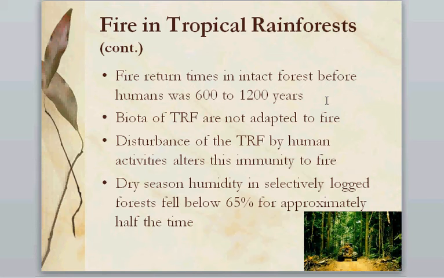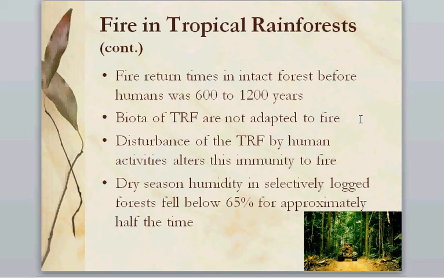So fire return times, or the time between fires in an intact rainforest before humans arrived, were between 600 and 1200 years. So fires were very, very infrequent. Okay? The biota, therefore, of a tropical rainforest, the plants and animals, were not used to fire because they didn't need to be, because fire visited those ecosystems so rarely.